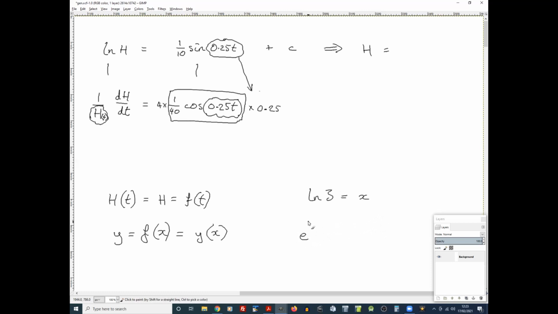By saying e to that side equals e to that side, and saying to yourself, oh yes, of course they cancel. Right, so e to the 1/10 sine 0.25t equals h. The whole of all of that, yes.